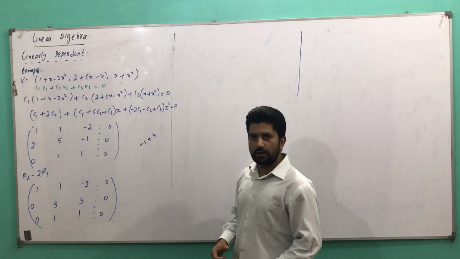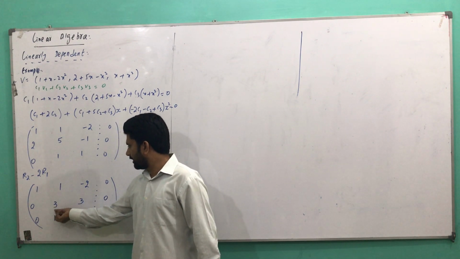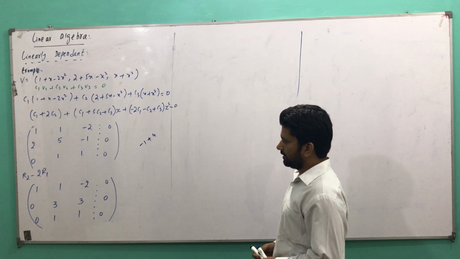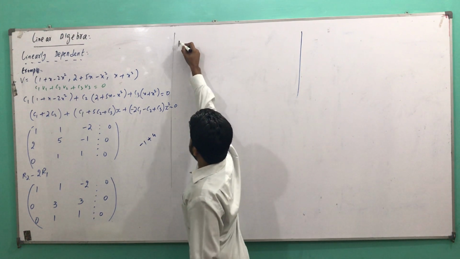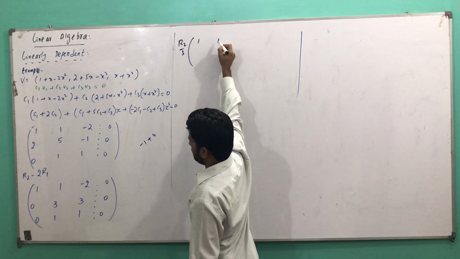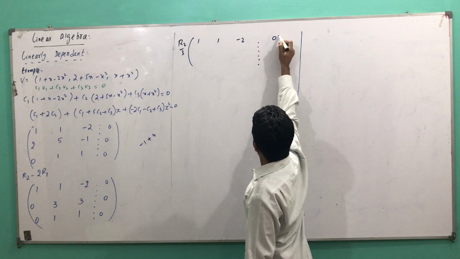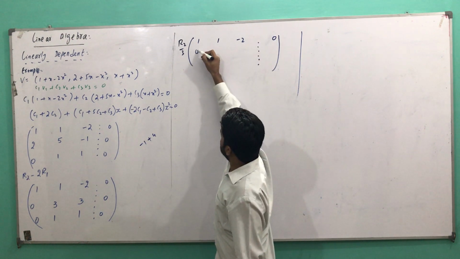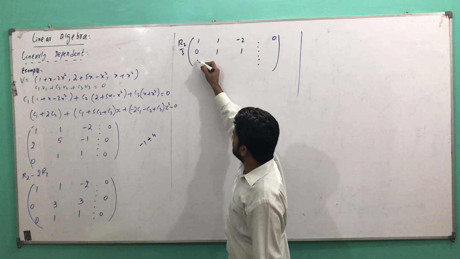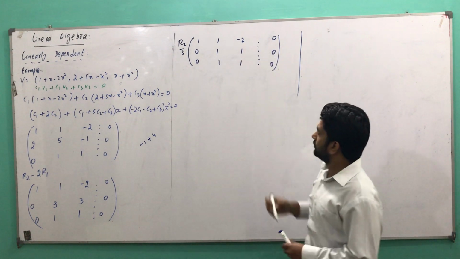According to echelon form we have 0, 0. Now this needs to be 1, so I divide row 2 by 3. When you divide row 2 by 3, you get 0, 1, 1, and 0.